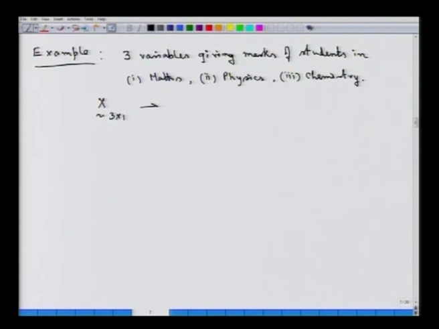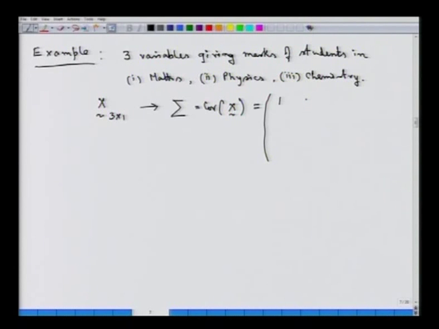Now, suppose the variance covariance matrix of this x is given by this. This actually corresponds to a standardized variable, and hence the variances of each of these variables are equal to 1. This actually corresponds to the correlation matrix.